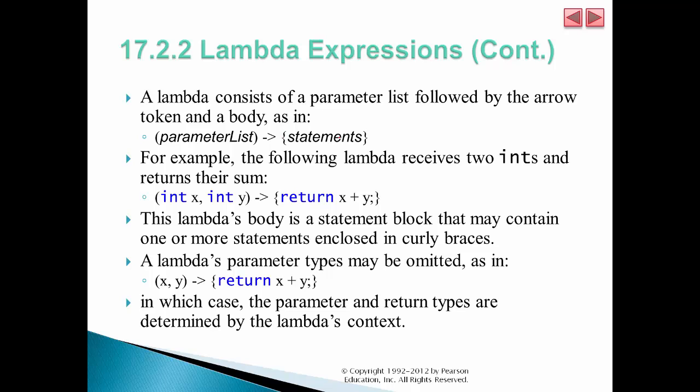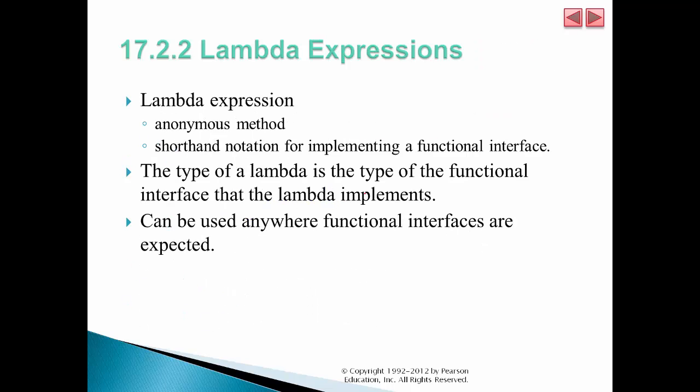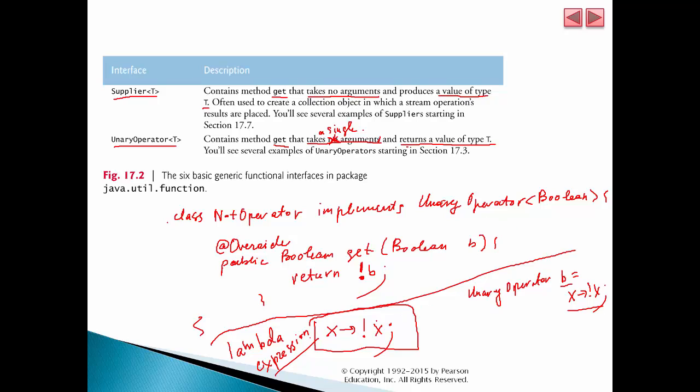So you can now specify the body of the lambda. The body of the lambda can be specified with curly braces. But if you have a single line of code which yields a value, then you can skip the return keyword, and you can skip the curly braces like I did here. I don't have a return keyword, and I'm not using the curly braces because this expression already yields a value and it's just a single line expression.